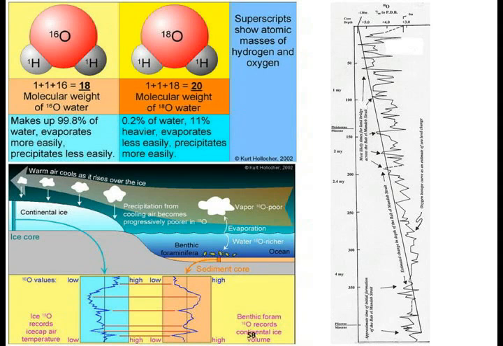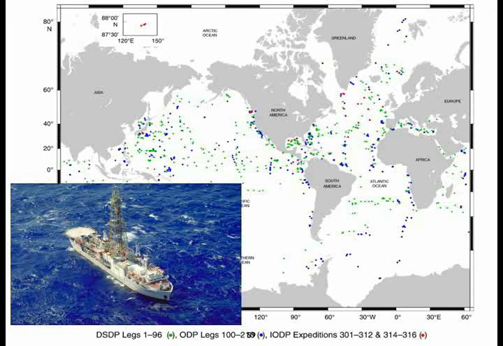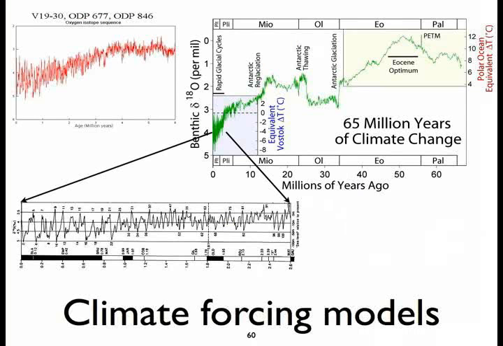It turns out that we have a very good record of this. Those drill cores that I showed you a slide back are located in lots of different places in the ocean, and they all tell kind of the same story about this cycling of oxygen 18. In fact, they tell such a good story that oftentimes you can detect differences in sediments on land that allow you to associate those sediments with a particular period of oxygen 18 buildup.